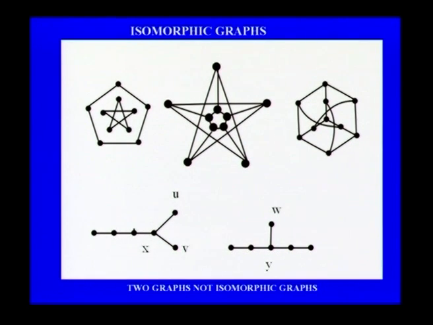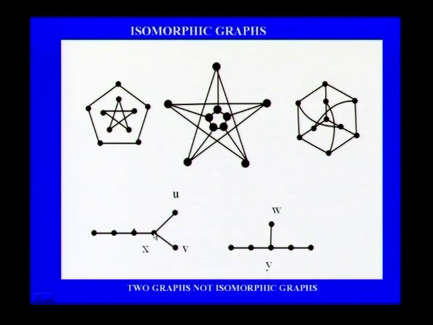Why? See, we have seen that a vertex with degree 1 is called a pendant vertex. So, in this case u and v are pendant vertices. And this is the only vertex with degree 3, x is the only vertex with degree 3. Here y is the vertex with degree 3.